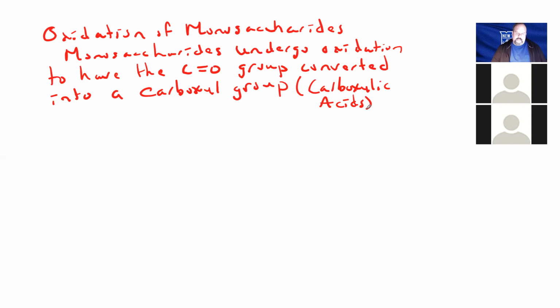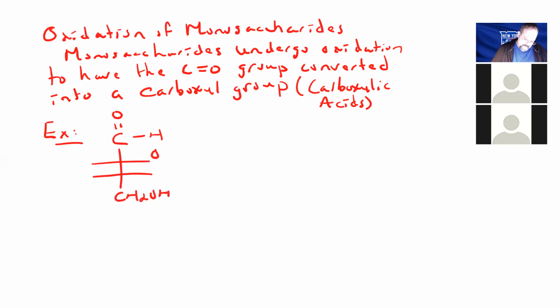But surprisingly, in a sense, your ketoses, your monosaccharides that are ketoses, actually undergo oxidation as well, because they undergo structural rearrangement to have the ketone group converted into an aldehyde group. Now, we're not going to ask you to draw the products of the oxidation of ketoses, but you need to be able to draw the product of an aldose oxidation.